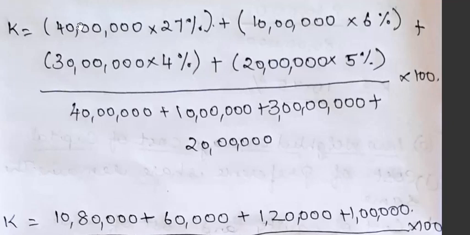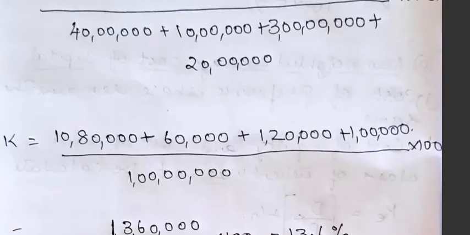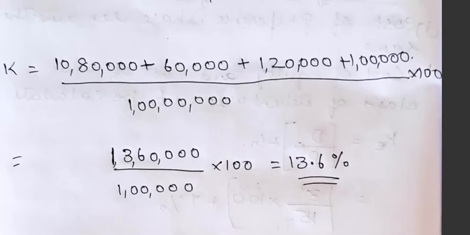If you substitute all the values, divided by 40 lakh, 10 lakh, 30 lakh old and 20 lakh new debentures, altogether you will get 13.6%. So 13.6% is the answer.